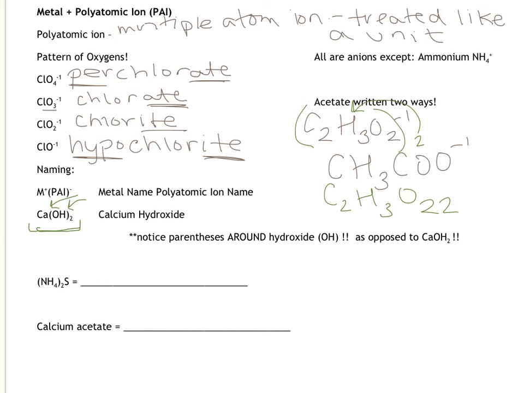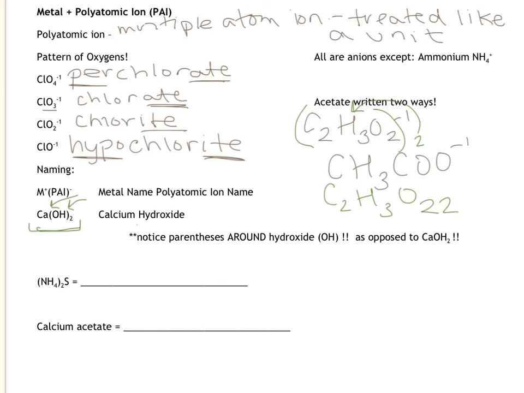So I name it just like before. I take my metal name, which was calcium, and then I look for my polyatomic ion on the chart. So you all have a chart with your polyatomic ions, and we look for OH. We also notice that there's a 1 down here, so it'll be under the column. It has a -1 charge. So I look for that OH, and OH is hydroxide, so hydrogen and oxygen bonded together.